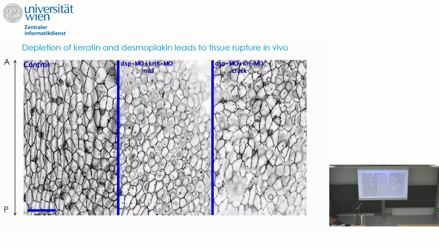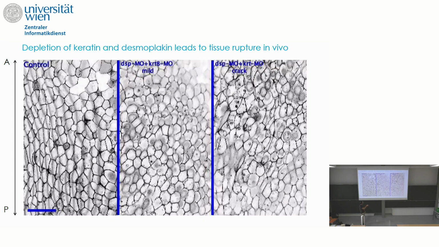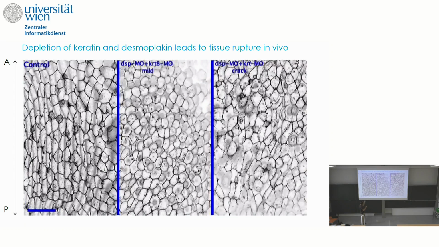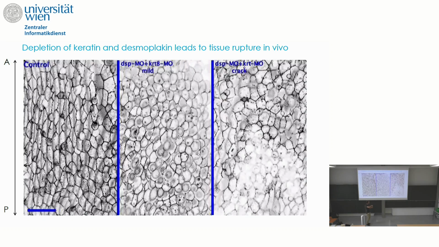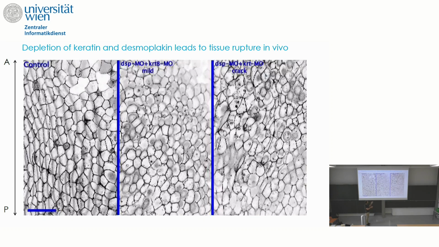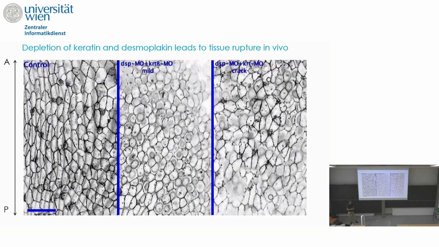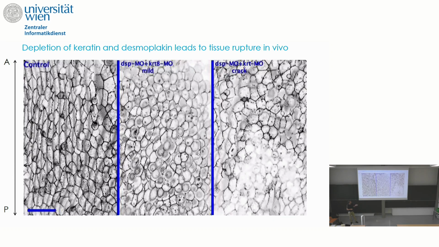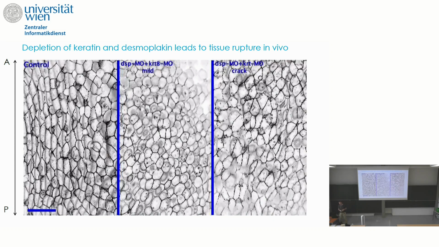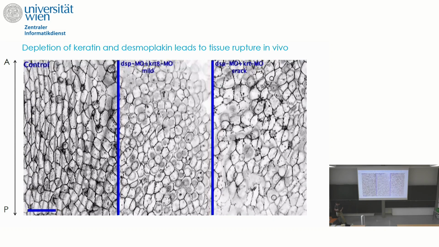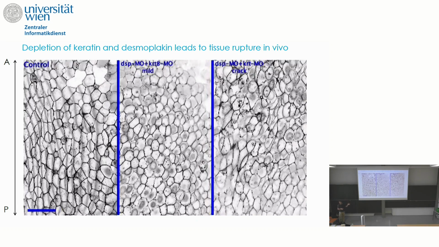We had a milder phenotype where we see that the cells remain roughly isotropic during anterior to posterior elongation, and we had a much more severe phenotype in which the cells initially extend in the anterior-posterior direction, but then you get a crack that forms within the surface of the embryo. And incidentally, these embryos don't survive much longer. So again here, loss of keratin and desmosomes seems to lead to more fragile tissues.